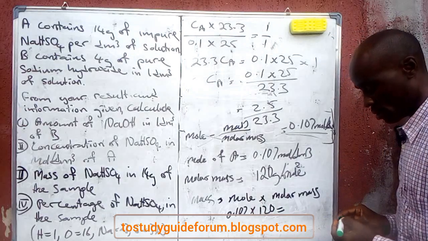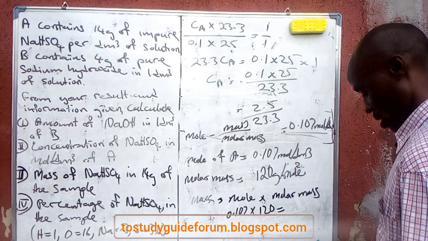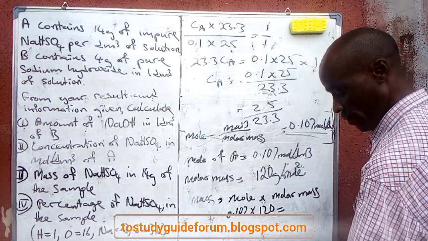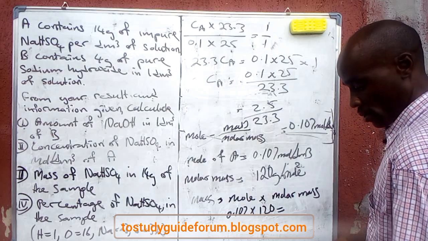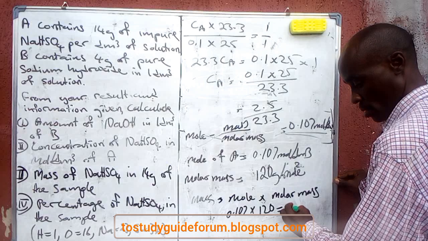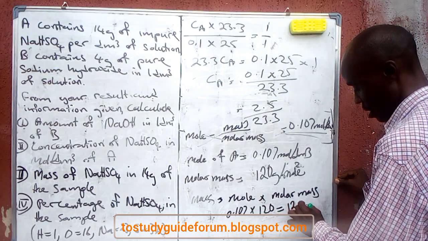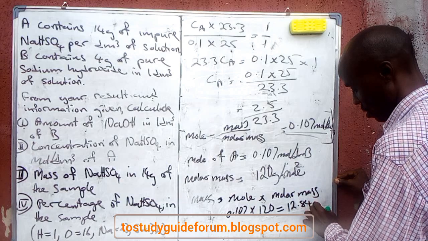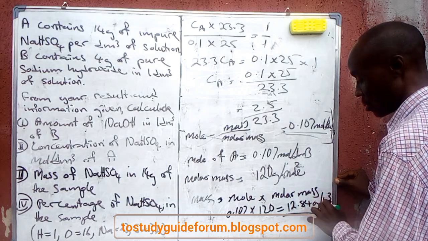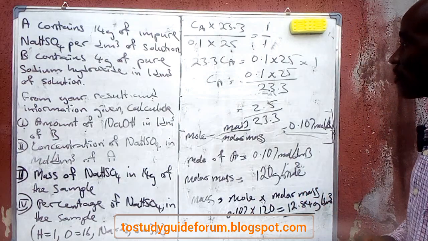That will give us approximately 12.84 grams. That's 12.84 gram per gm cube. That's what we have from our calculation.